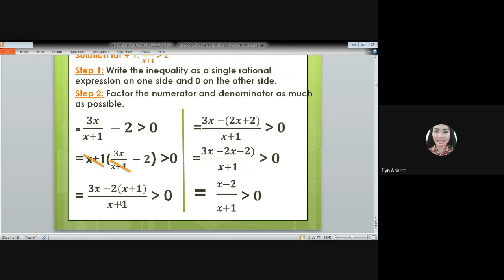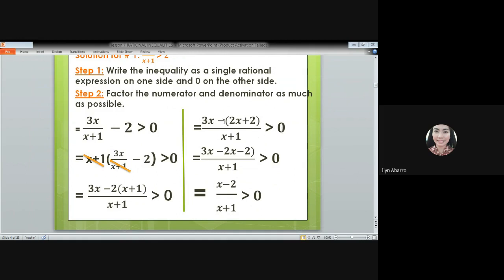So it will become 3x minus 2 times x plus 1 over x plus 1 is greater than 0. As you can see here, our operation is subtraction, so we have to distribute first. It will become 3x minus 2 times x is 2x, and 2 times 1 is 2, over x plus 1 is greater than 0.